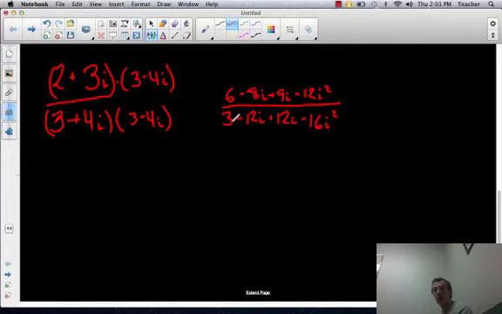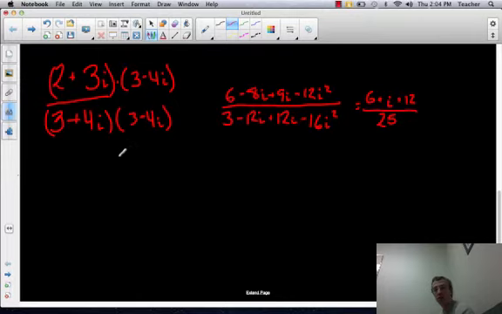And then all we do is simplify both of these out. Now, we've already simplified the bottom out because that was the same example we used earlier. This ends up equaling 25. Now, that stays in the denominator, and now the numerator is all we have to simplify out. So we have 6, and then the negative 8i plus 9i equals just i. And then remember, we still have this i squared, so this actually ends up being plus 12.